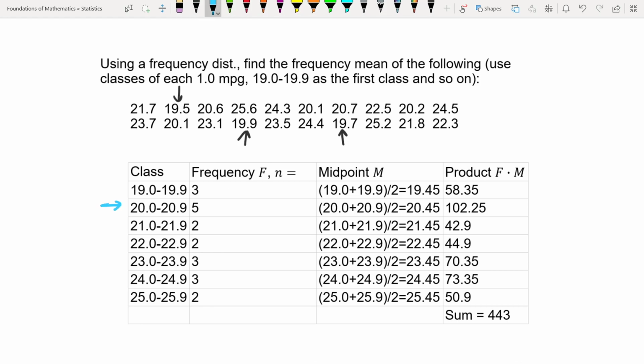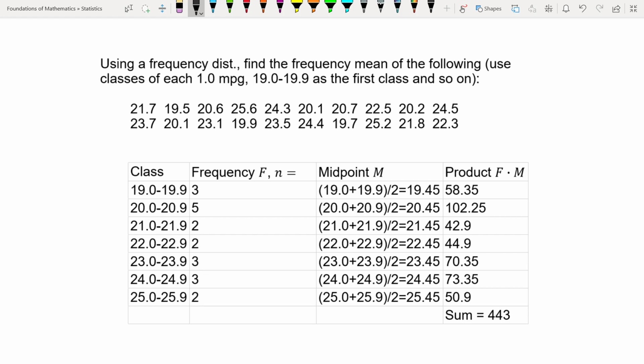We're going to do 20.0 to 20.9. We have 1, 2, 3, 4, 5, and that's it. And the frequency there is 5. So it's the same process all the way down to the last class, 25 to 25.9. Okay, so that's how we populate those fields for the frequency.